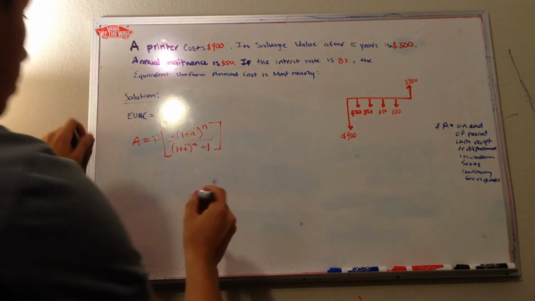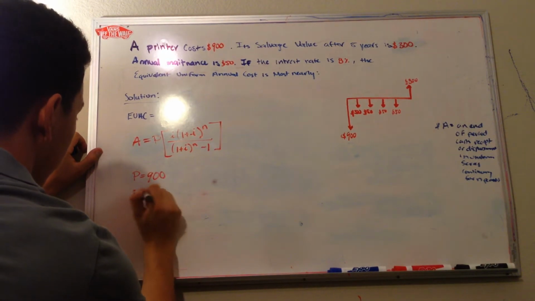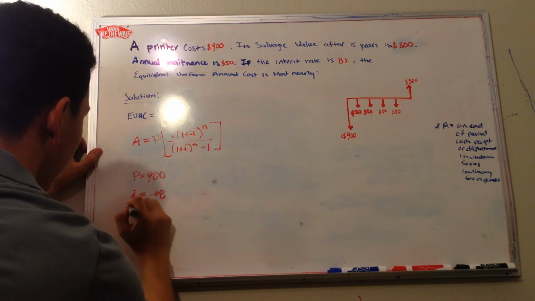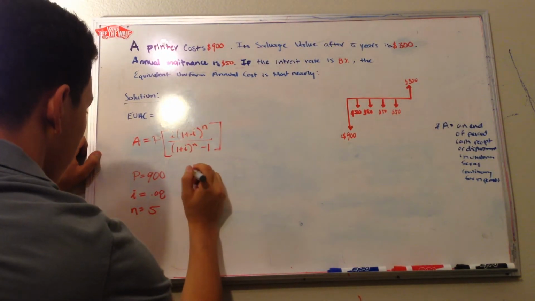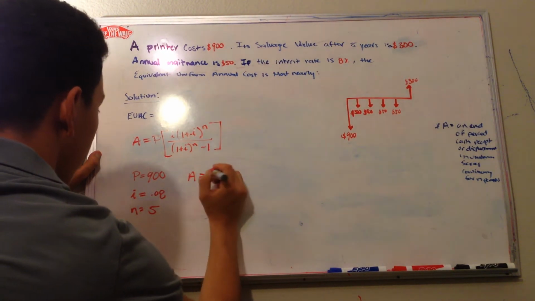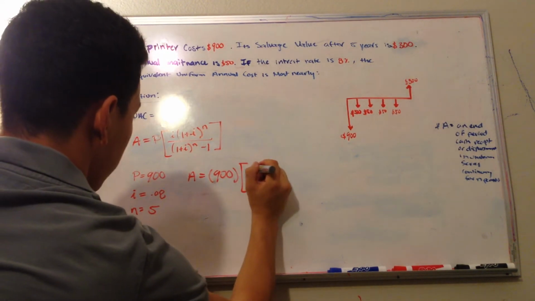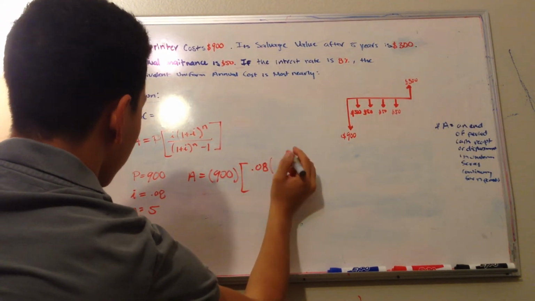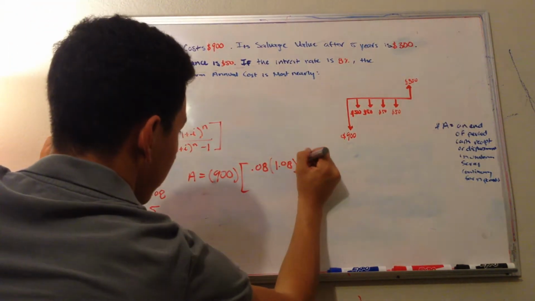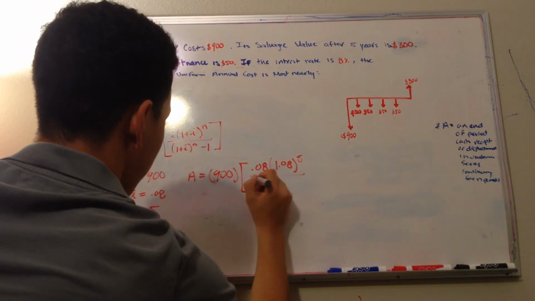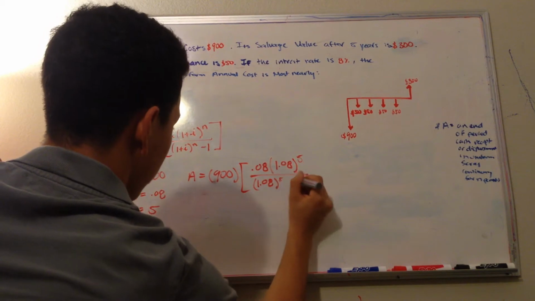So let's go ahead and plug our values in. We know that our P is $900. Our i is going to be 0.08. N is 5 years. So we can just go ahead and plug all this in. 900, all multiplied times 0.08 times 1.08, that's just 1 plus 0.08, raised to the 5th power, divided by 1.08 to the 5th minus 1.